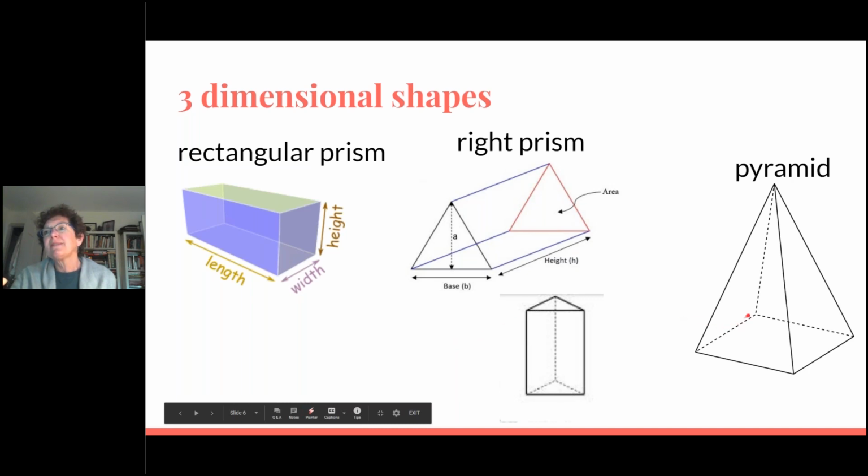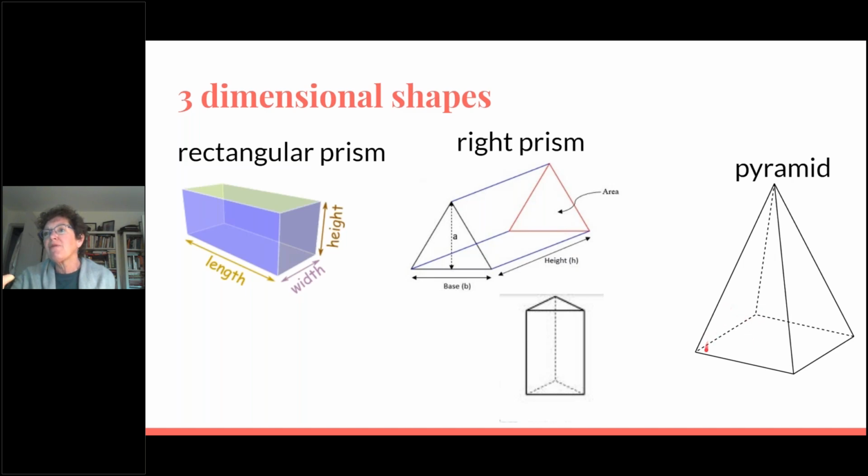And then this is a pyramid. Notice that the base of the pyramid is a square, and then the sides are triangles, and they come up to a point. I always used to get these, in fact, I still do sometimes get these confused. Which one is the right or the triangular prism and which one is a pyramid?